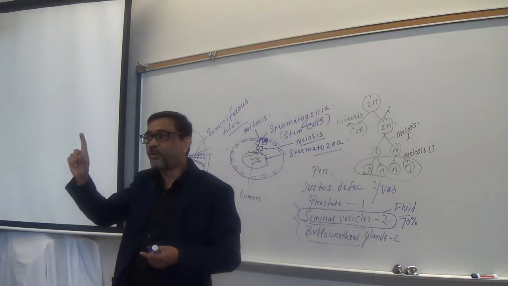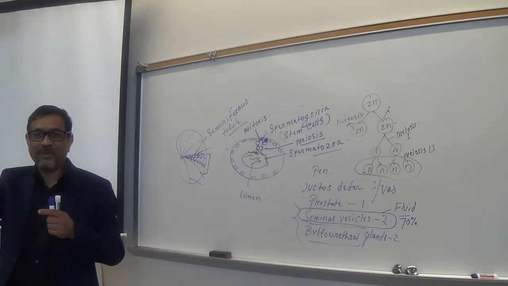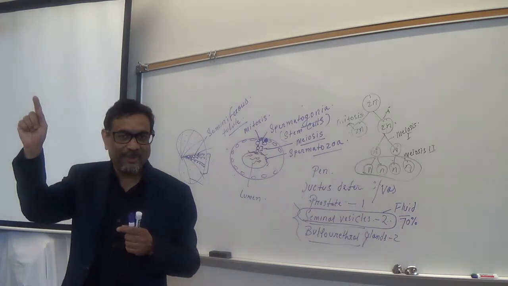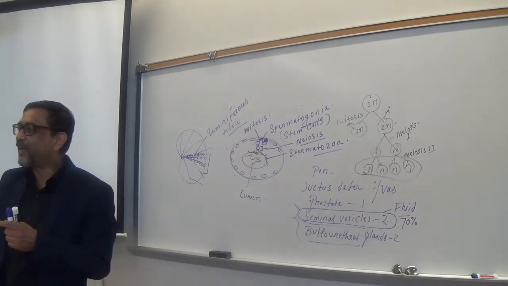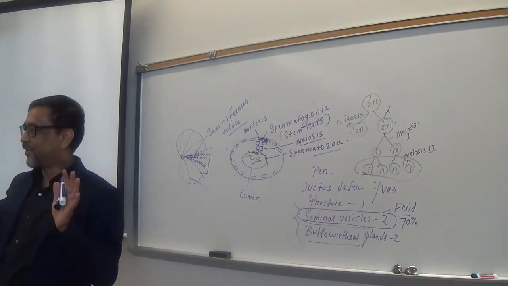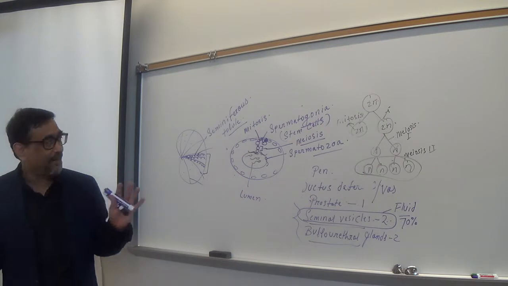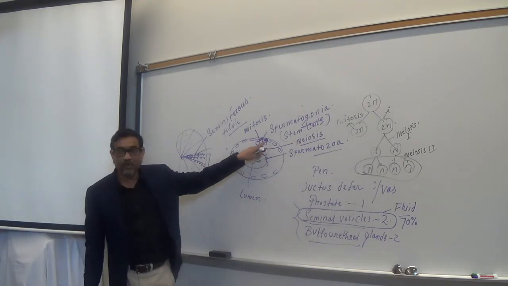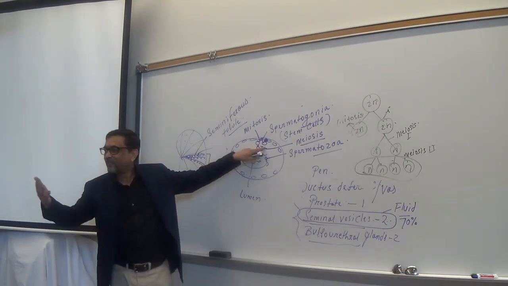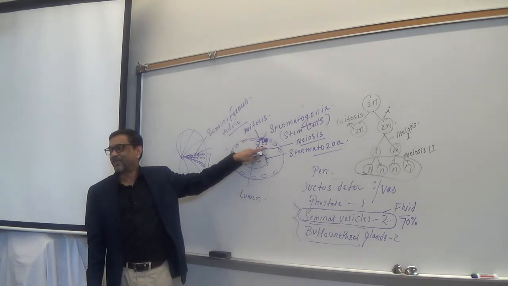And in each lobule you have coiled tubes. Those are called what? Seminiferous tubules. And in the wall of the seminiferous tubule, sperm is produced. Spermatogenesis. Make sense?